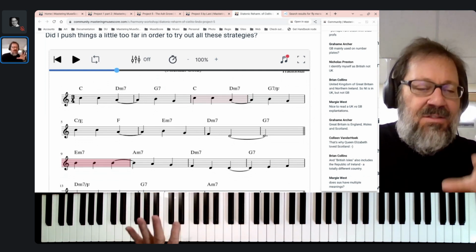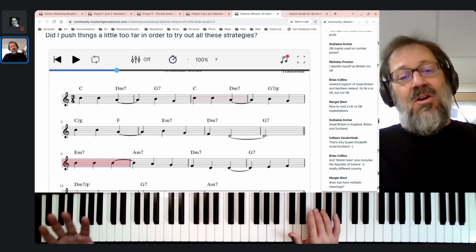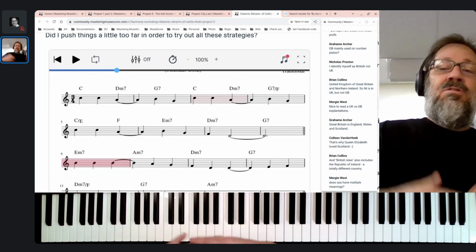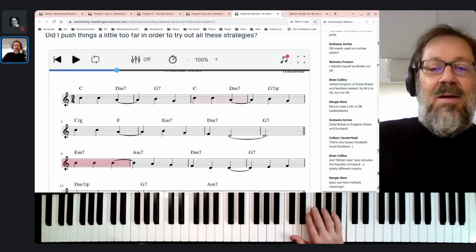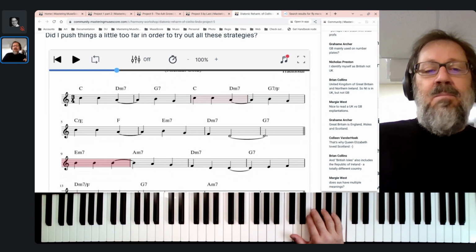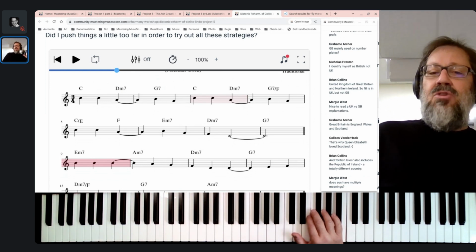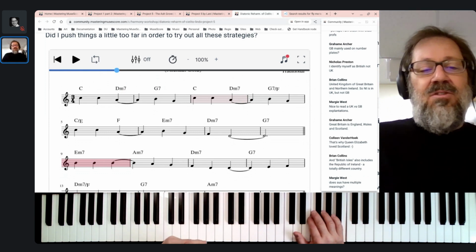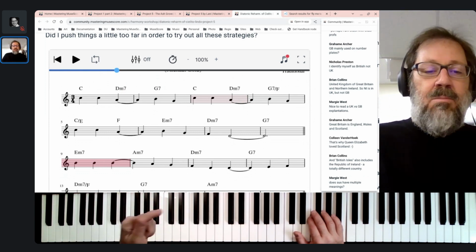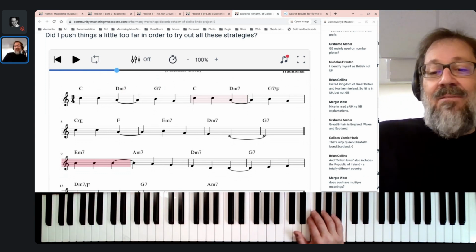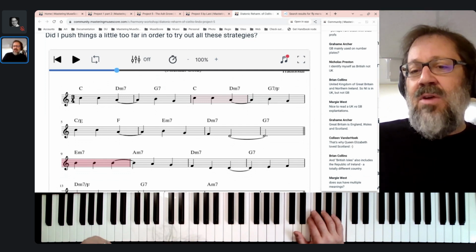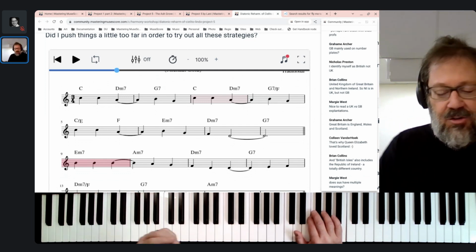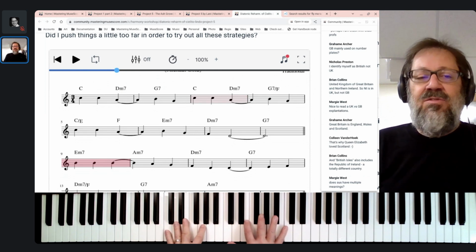So this is the idea that I started off talking about when I was trying to get everyone excited about this course before we started: the connection between what we learn theoretically and the sound of it. So it's one thing to just theoretically know I can plop this chord in here, but then somehow we have to decide about the sound of it, if we like that sound, and make evaluations. So I'm going to give you my subjective sense here.